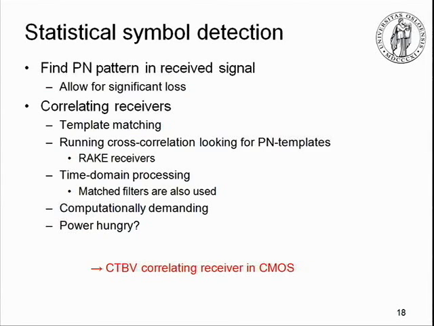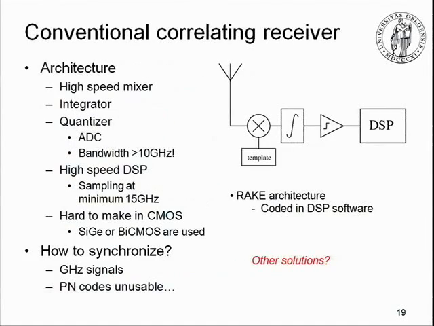It's known, as I said, to be very power hungry, but I'll try to show that this continuous time binary value approach is actually giving us a very power efficient way of implementing these boxes. The traditional way is you take a template. I have to explain some of the problems here.